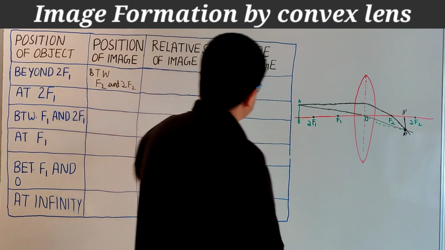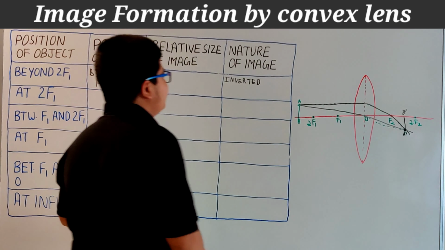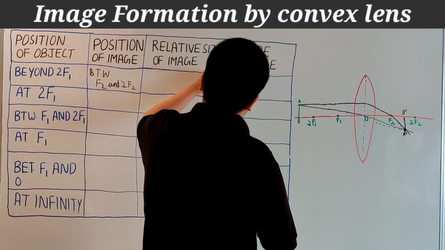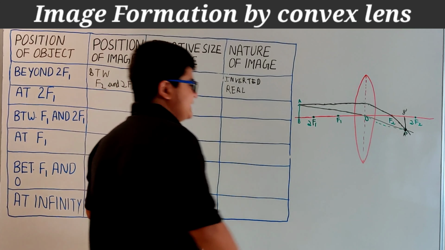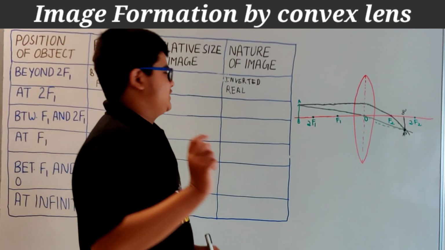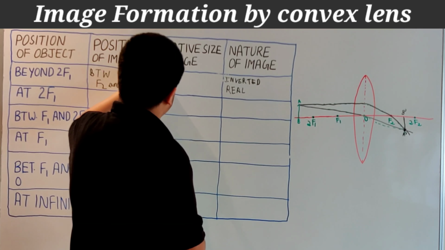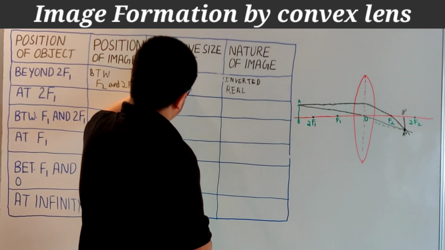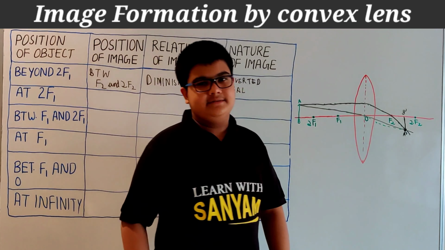Also, as the rays are actually meeting at a point, that's why the image will be real. However, this image will be slightly diminished, that is, it will be slightly smaller in size than the object. So this was our first case.